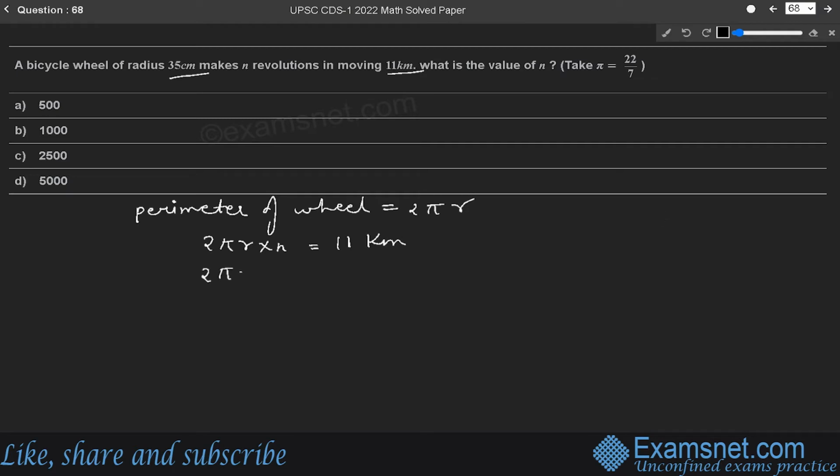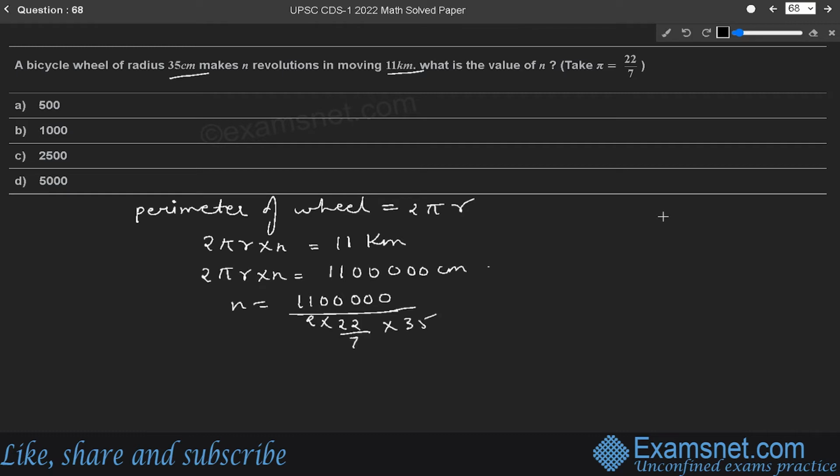We have to convert 11 kilometers into centimeter, so it will be 11,000,000 centimeter. So the value of n will be 11,000,000 upon 2 into 22 by 7 into 35.